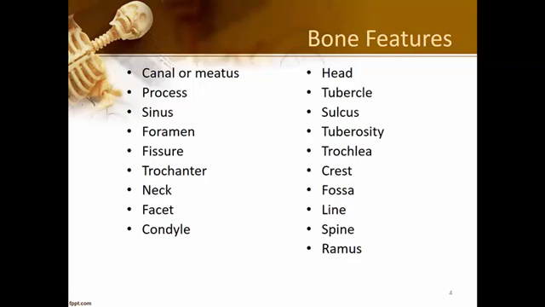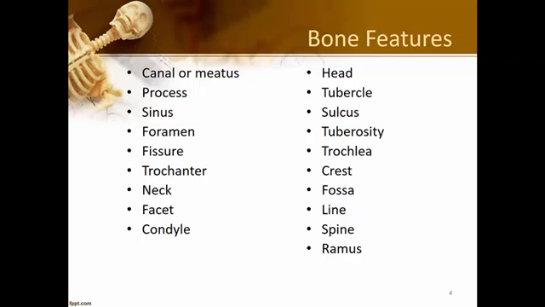Condyle is a smooth, rounded, articular process, again, where two bones are touching each other. Head is an expanded proximal end of a bone, usually a rounded part that forms a joint. A tubercle is a small, rounded projection. A sulcus is a deep, narrow groove. A tuberosity is a small, rough projection.